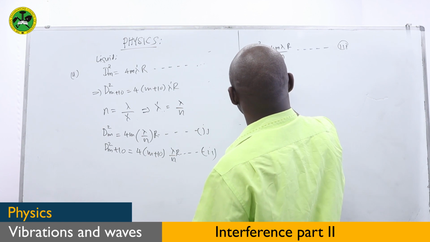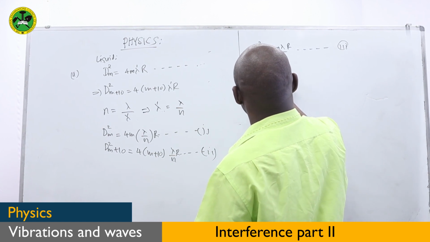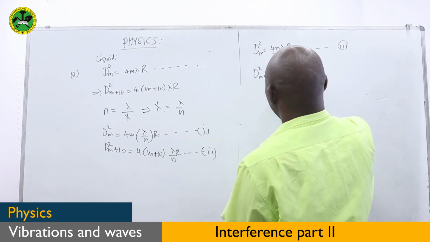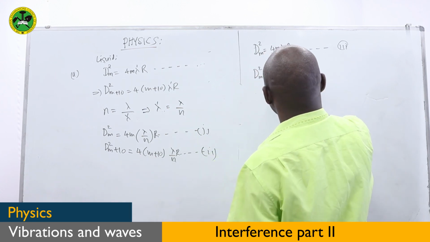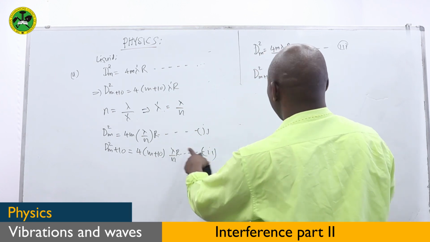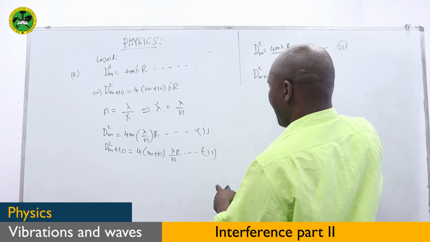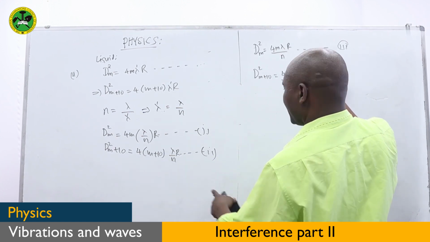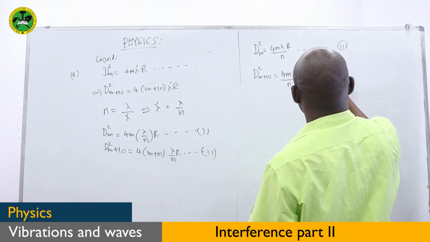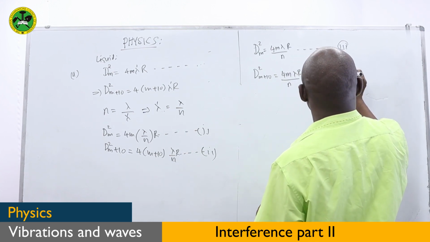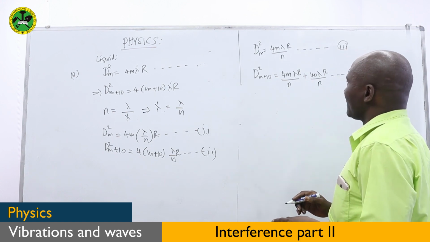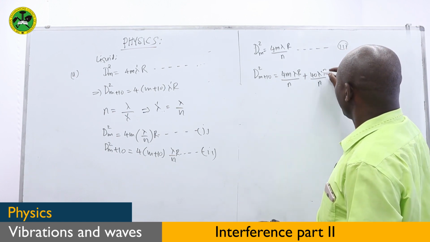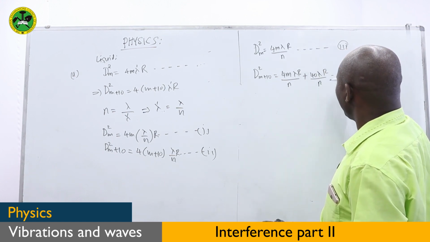Number 4 is D squared of order m plus 10. This will be 4mλR over n plus 40λR over n. Number 4. You're looking for the refractive index here.